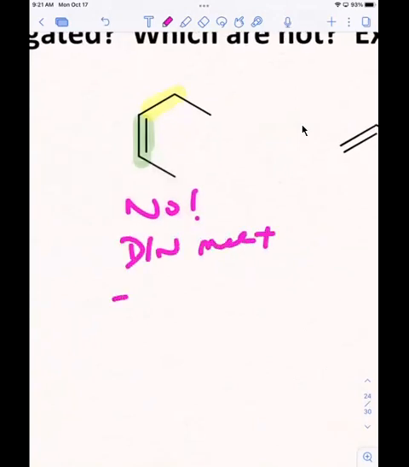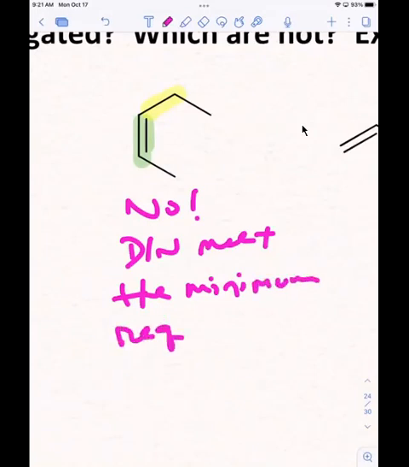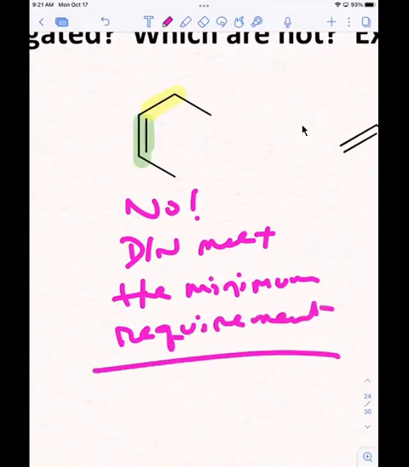This doesn't meet the minimum requirement. You've got to have 2 pi bonds. A single pi bond by itself cannot be considered conjugated.